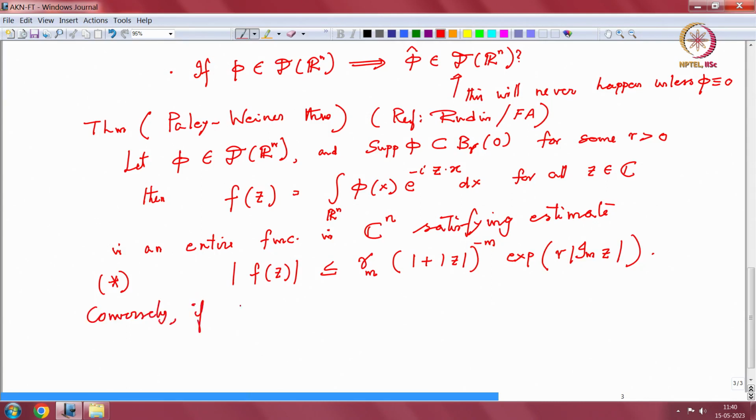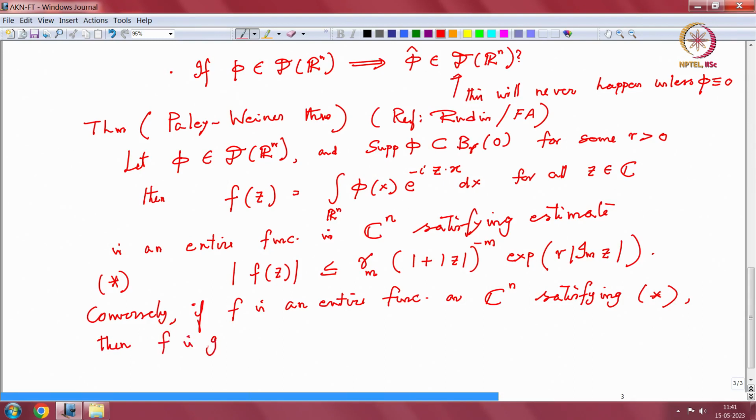if f is an entire function on Cn satisfying star, and satisfying the estimate double star, then f is given by the above formula.